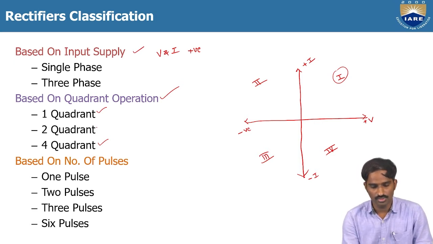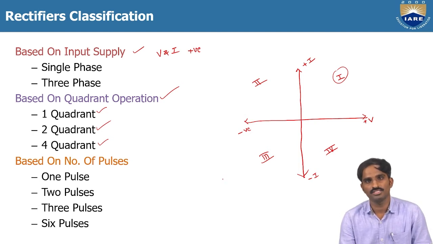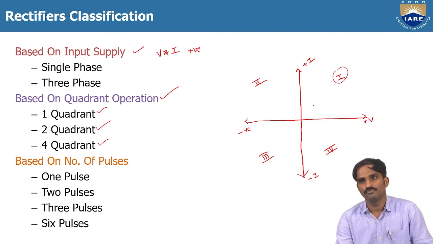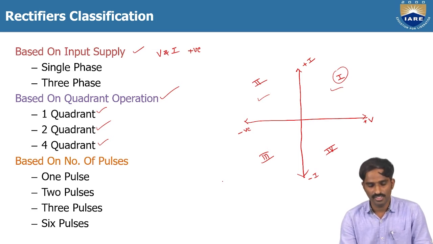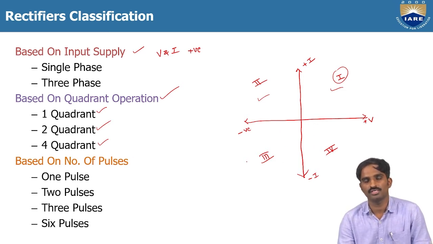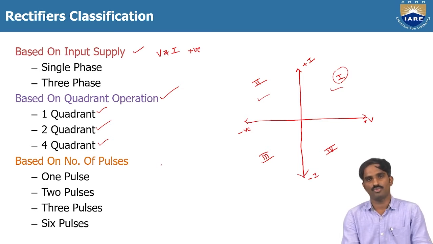When coming to the two quadrant rectifier, the full controlled rectifiers are also called two quadrant rectifiers, which means by operating the full controlled rectifier, we can operate in the first quadrant as well as in the second quadrant. Then the dual converter can operate in all four quadrants, so the dual converter we can also call a four quadrant rectifier. These are the different types of rectifiers based on the quadrant operation.